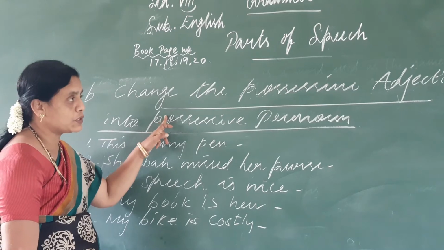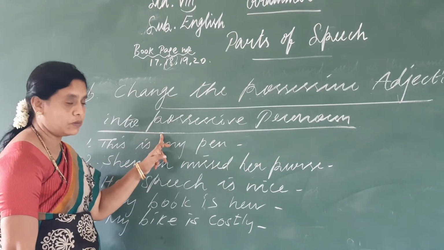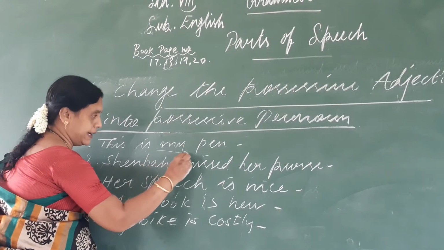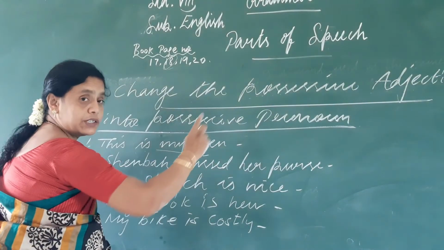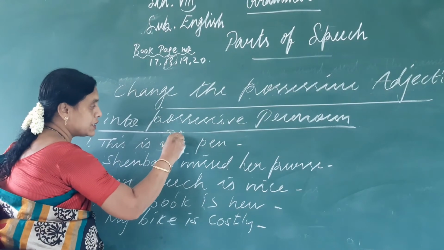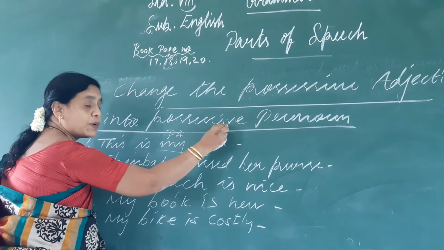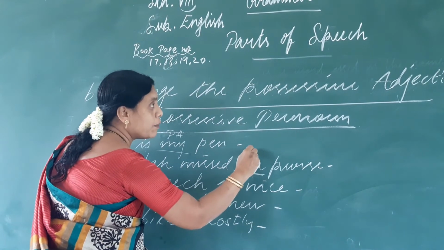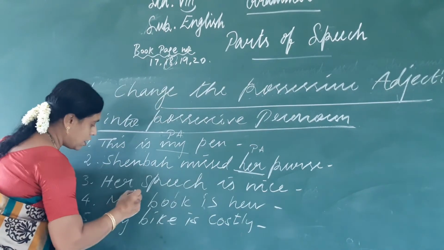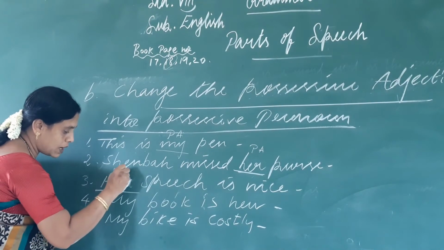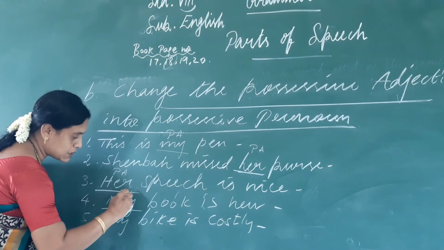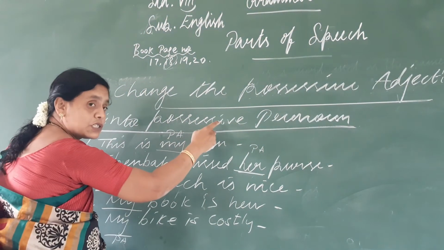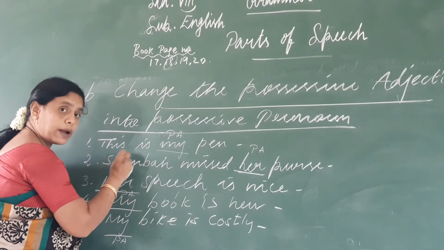Now change the possessive adjective into a possessive pronoun. Here, this is my pen. Here my is a possessive adjective, and you have to change it into a possessive pronoun. In the same way, her is a possessive adjective. These possessive adjectives change into possessive pronouns. Here is how you write the first sentence.